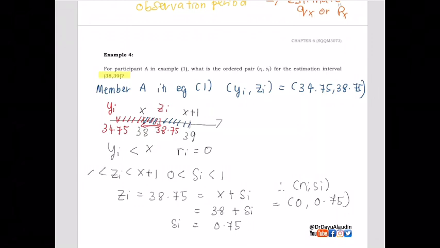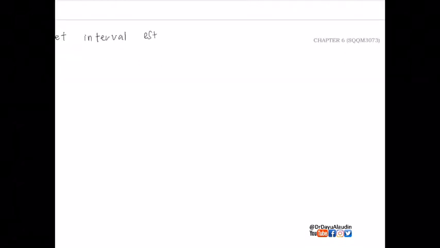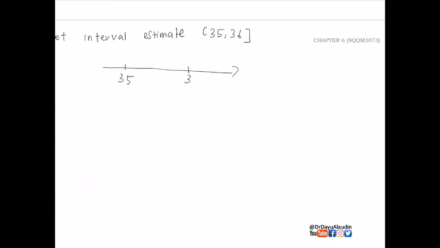Let the interval estimate be 35 and 36. So we still use the YI and ZI for member A. So this is the interval estimate. This is x and this is x plus 1. So YI is 34.75 and ZI is 38.75.